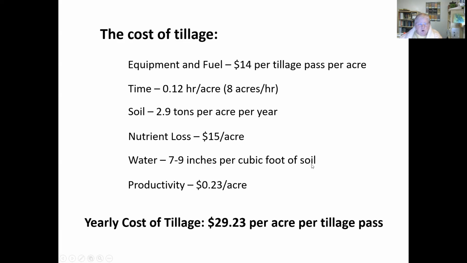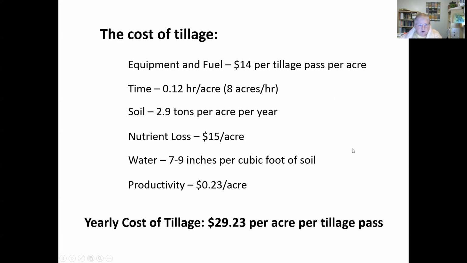You lose the water holding capacity of the soil. You lose productivity of about 23 cents per acre. The yearly cost of tillage is then about $29 per acre per tillage pass. If you make more than one tillage pass, you increase each time you go over the field.